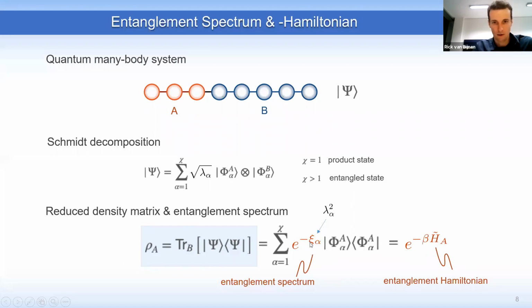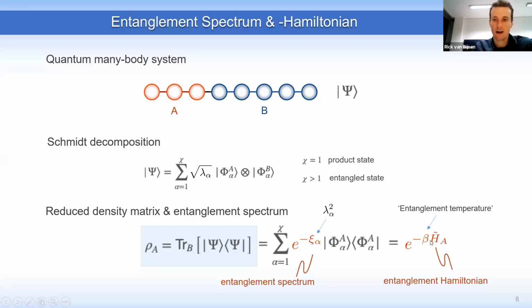Right, so that's just to make the connection. This value here is this lambda alpha squared. And here again, we see this entanglement temperature. Maybe here I can be a bit more precise. If I make this beta very large, then all the energy gaps in this entanglement Hamiltonian blow up. And you see that with all these exponential terms, just one of them will be significantly non-zero, and the rest will be exponentially small compared to it.